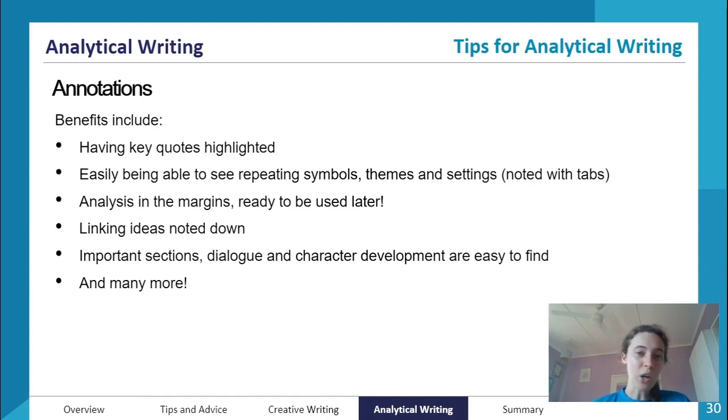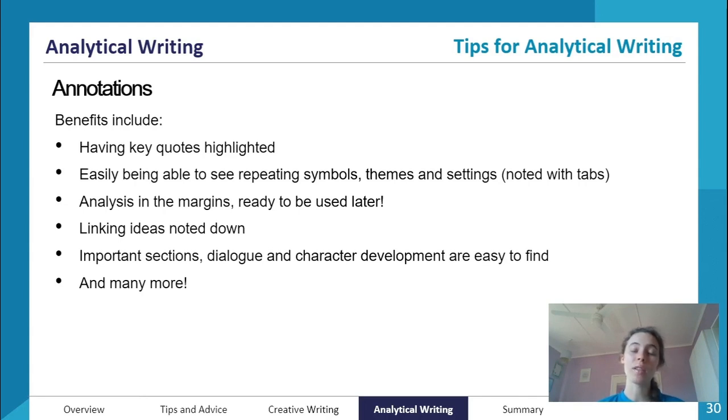Some more things. So, annotations. When you're reading the text, depending on your school and your situation, you may have a digital copy, which is helpful, or you may have a print copy.